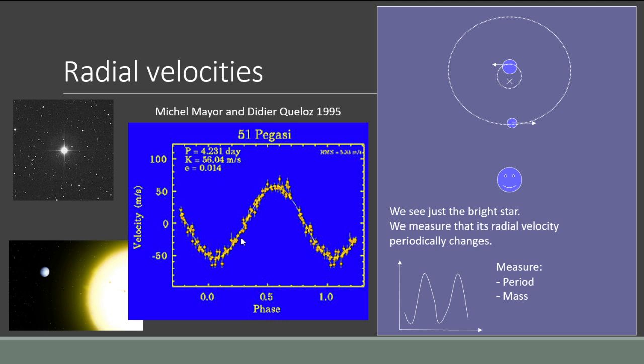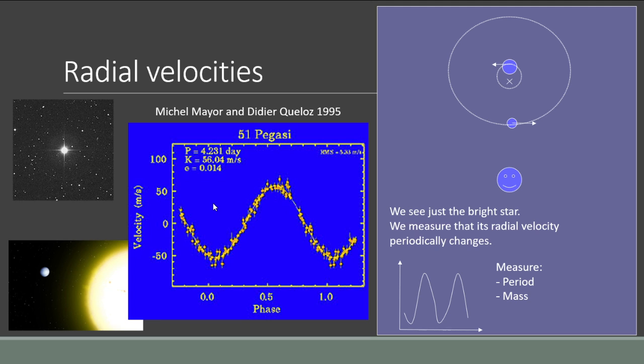It's not always sinusoidal-like. People were very lucky to find this planet because the orbit is nearly circular, so the eccentricity is very small, as you can see. We are situated nearly in the orbital plane of the planet, and the orbital period is very small, slightly above 4 days.